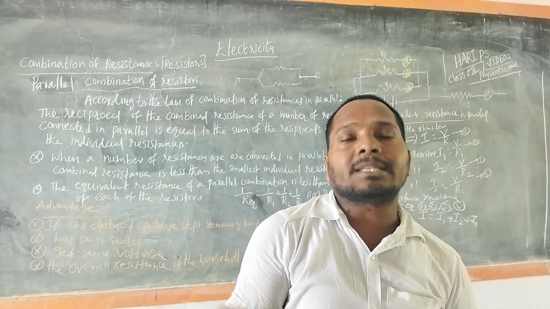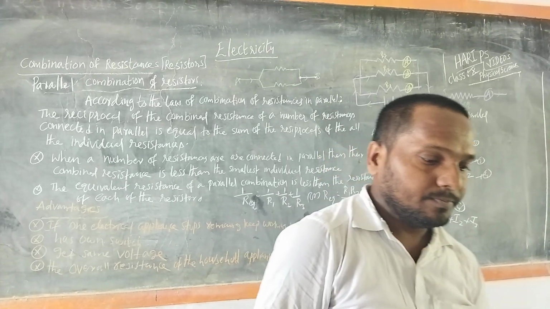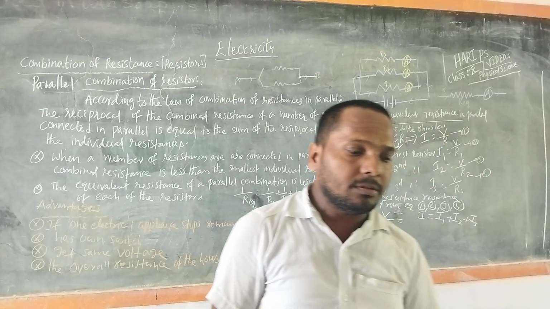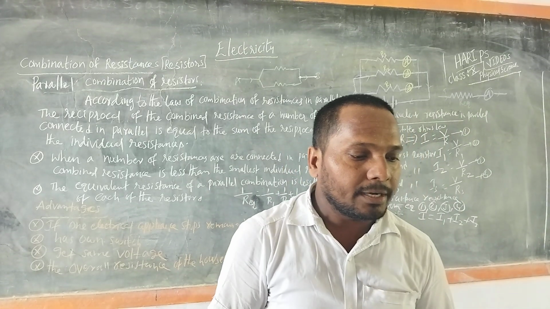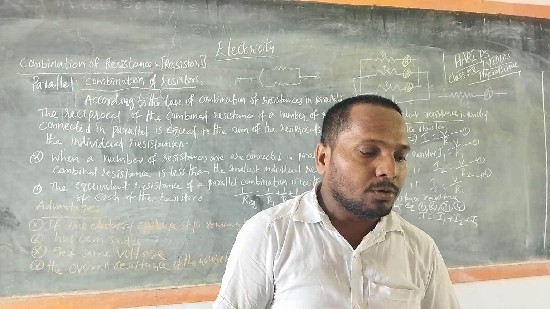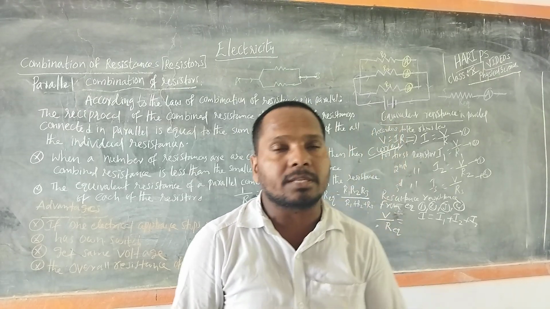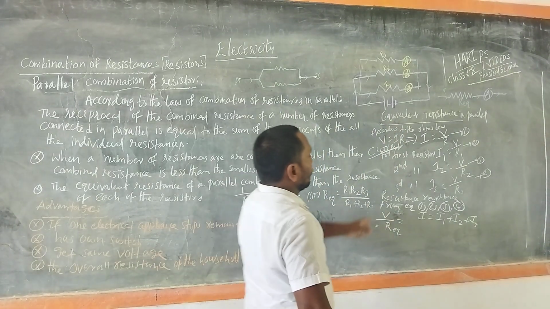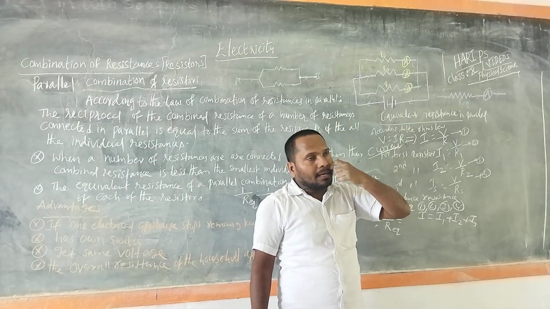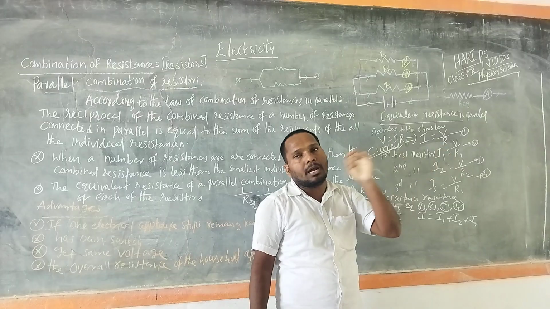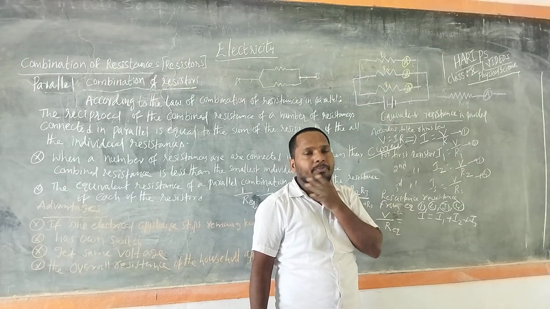Current depends on the resistance of a resistor. But the current flowing through all the individual parallel resistances taken together is equal to the current flowing in the circuit as a whole. So in a parallel combination, the voltage or potential difference is the same.